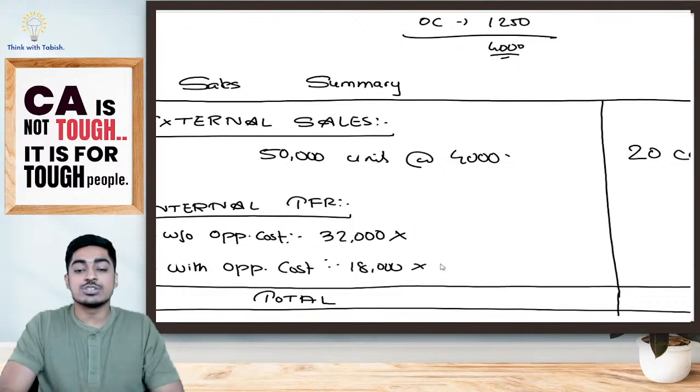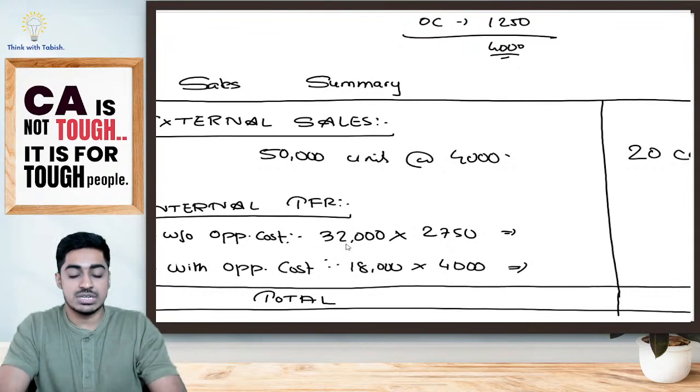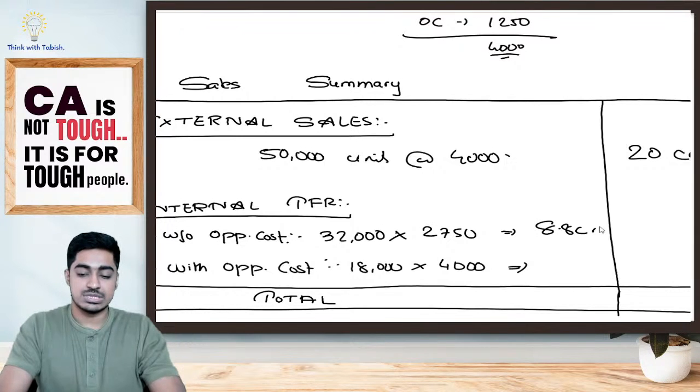If opportunity cost was there, I have transferred at 4,000 by factoring in the opportunity cost. If opportunity cost was not there, I transferred at my variable cost of 2,750. 32,000 into 2,750 is 8 crore 80 lakh, 8.8 crore. 18,000 into 4,000 is 7.2 crore.